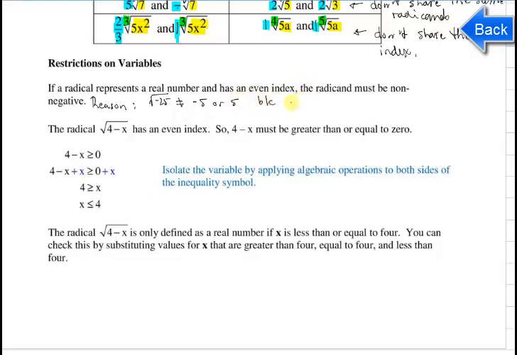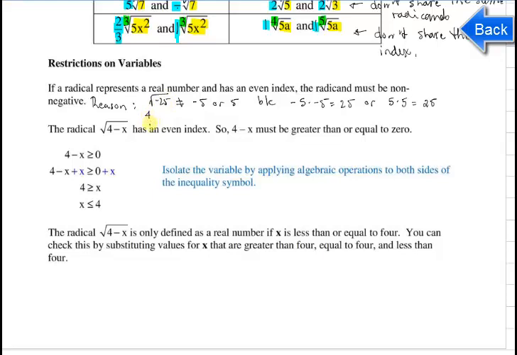Because if I go negative 5 times negative 5, that gives me 25, which is not negative 25. Or if I go 5 times 5, that gives me 25, which once again is not negative 25. So this example here shows you that you cannot take the square root of a negative number.